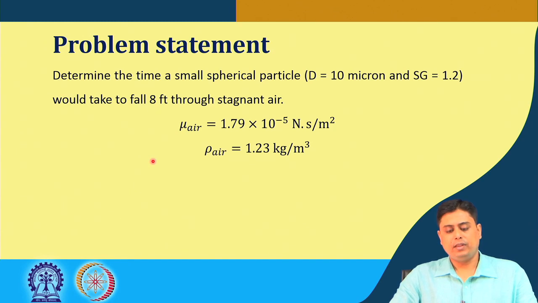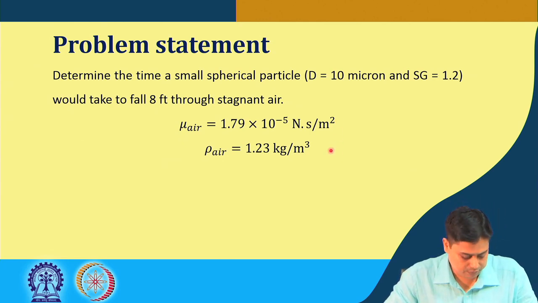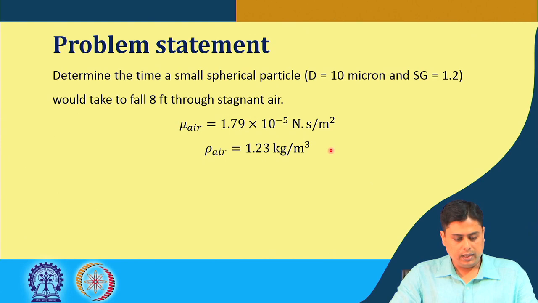So let us say there is a very small particle of 10 micron having a specific gravity of 1.2 falling through air. Let us say this room has a roof 8 feet from the ground. The physical properties that are required are given here. So in this case, what is the time that is required?